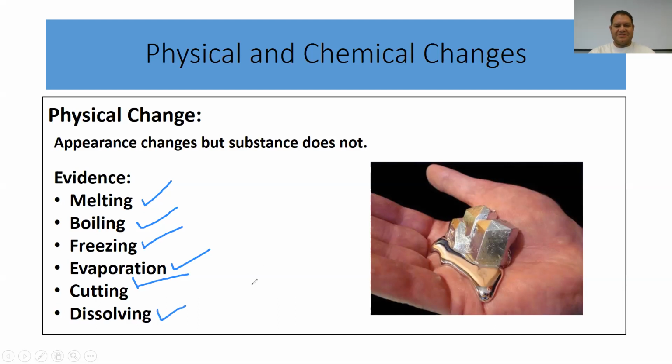It might change the appearance, but it doesn't change what it is whatsoever. I mean, if you take liquid water and you freeze it, it's still water. It doesn't change the fact that it's still water just because it's frozen, right? So those are essentially ideas of physical changes. Okay.